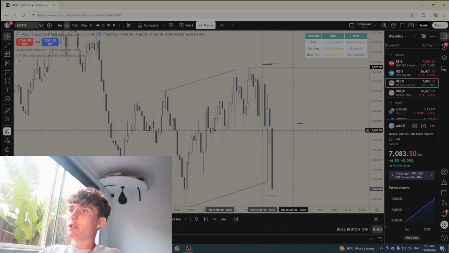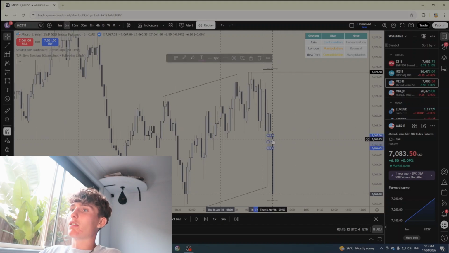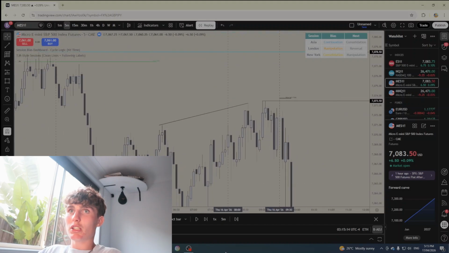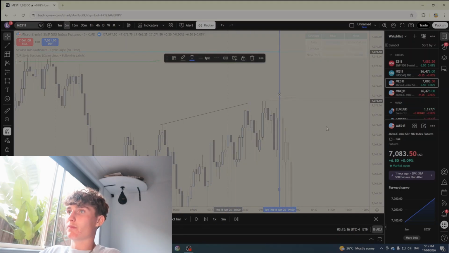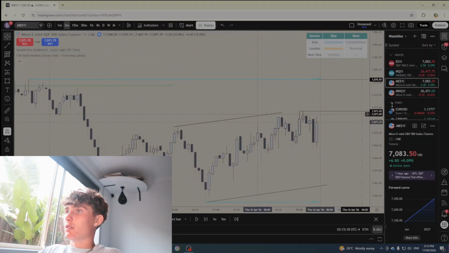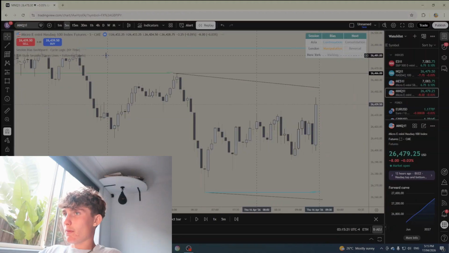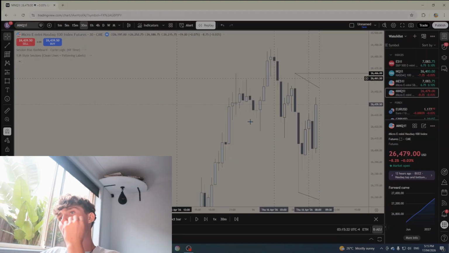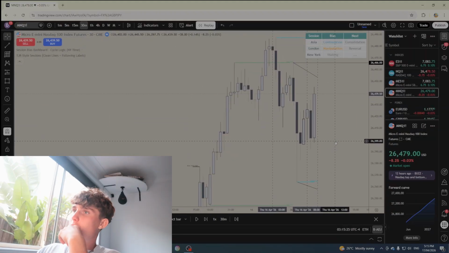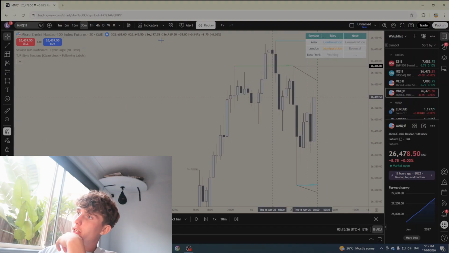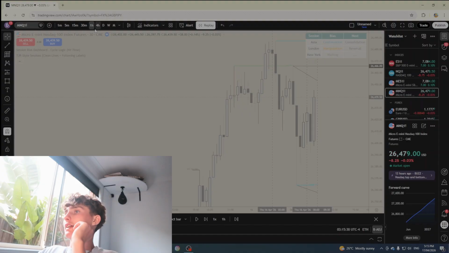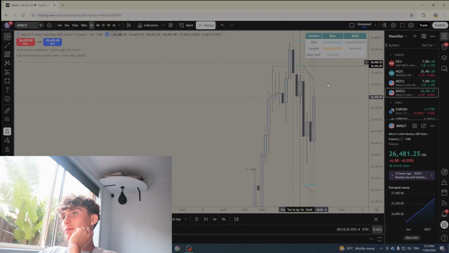So let's look at how I could have taken a short. I definitely could have. On the half hourly, we got a half-hour SMT, and the fact that we are in a downtrend on the hourly on Nasdaq, and we're filling a gap.